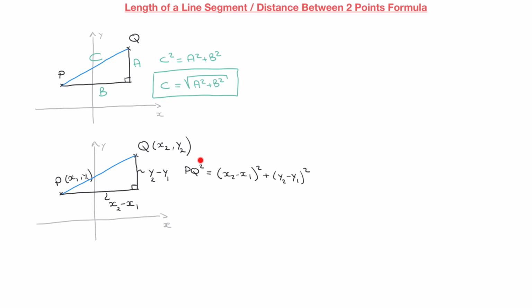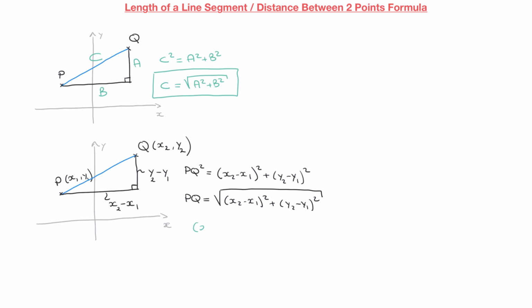And now applying the square root to both sides of this equation leads to PQ equals the square root of (x sub 2 minus x sub 1) squared plus (y sub 2 minus y sub 1) squared. And all of that's under a square root. And as such, that's the formula for the length of a line segment. Or we could also say it's the formula for the distance between the 2 points.